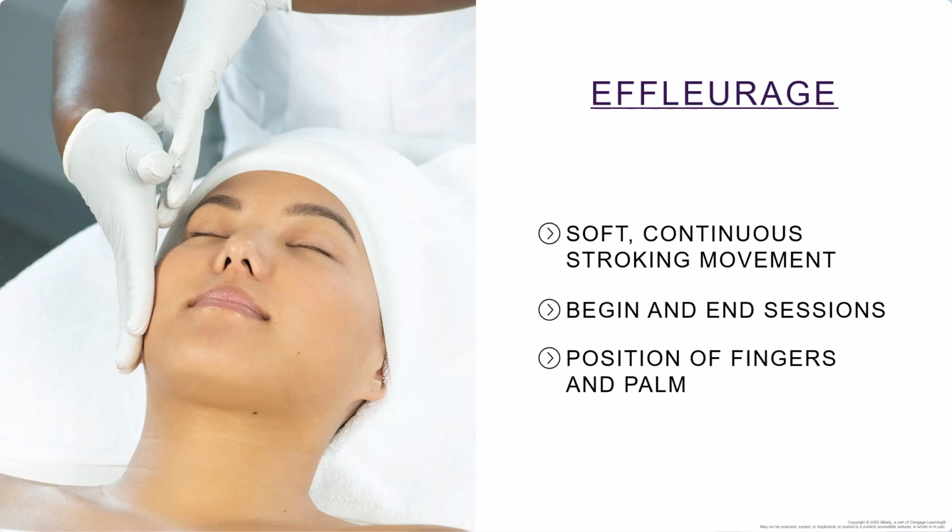It's often used to begin and end sessions, and it's used on the forehead, face, scalp, shoulders, neck, chest, arms, and hands. And it's the most important of the movements and should be used in conjunction with other types of massage. I would say it's a very good transitional movement and just a general movement to do even all the time if you wanted to.